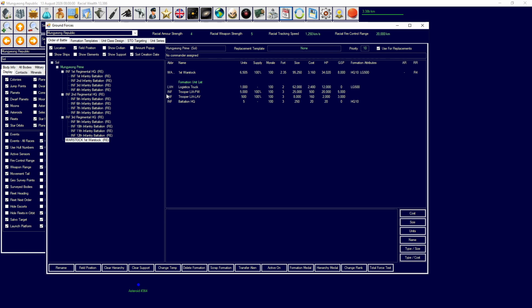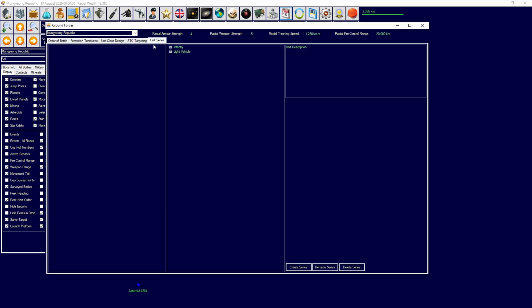Because these formations don't understand that this formation has similar things that it can replace itself with. Replacements do not work unless you have a unit series in. So we're going to go over to unit series. And in unit series, we essentially get two different abilities to do things there. Number one, you can replace old elements with new elements as you need to.